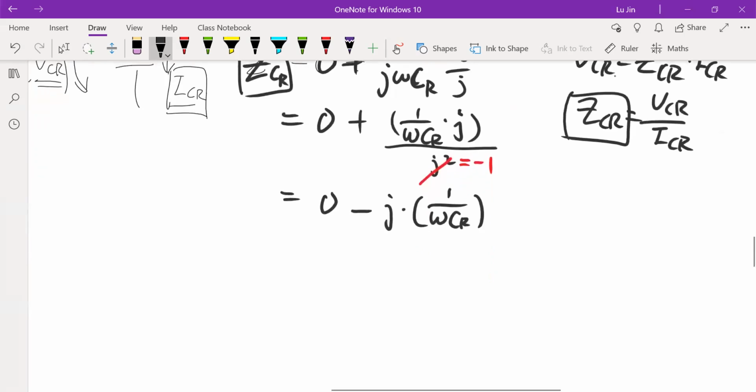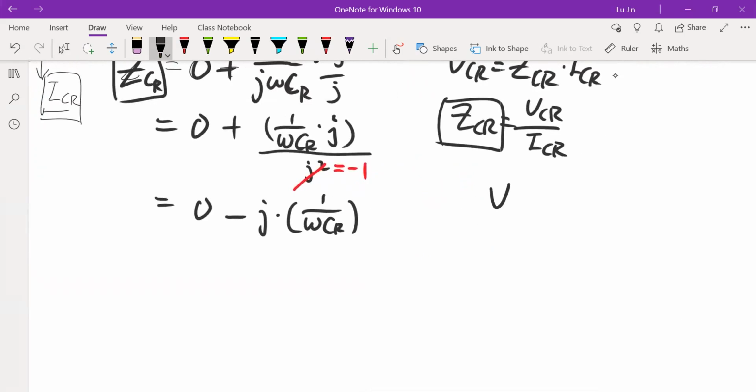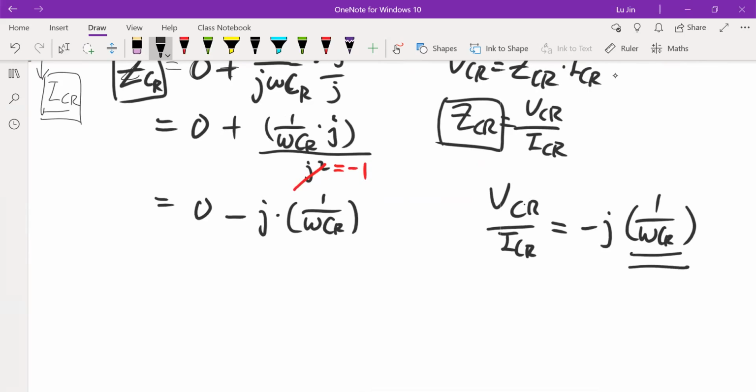So what we can say is V_CR over I_CR equals negative j times 1 over omega C_R. Because for this question we do not have any numerical values available, the ratio magnitude is not so important for us now. The key thing is the negative j, because negative j indicates the angle difference between the voltage and current across this capacitor.